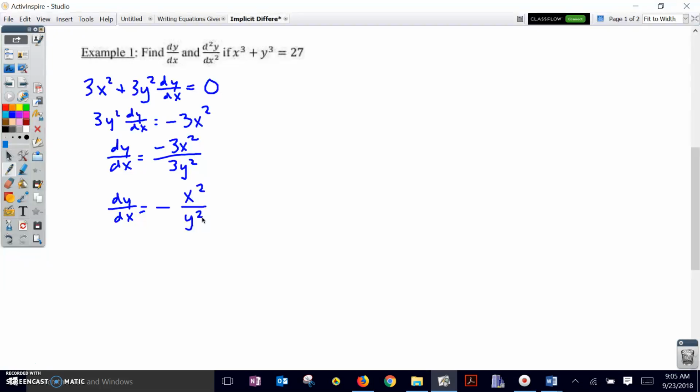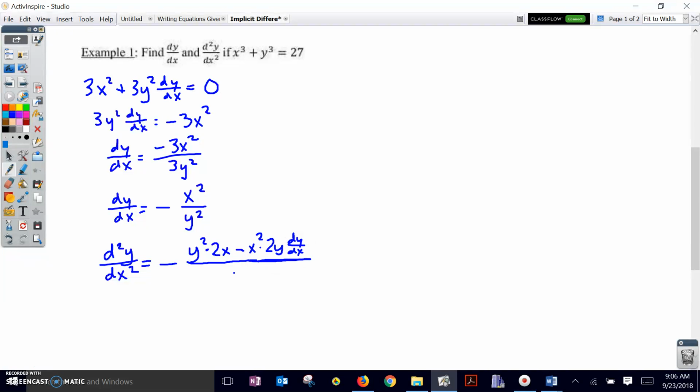So now we're going to take our second derivative. The derivative of dy/dx with respect to x is d squared y/dx squared. That's going to be equal to the opposite of, and now in order to find the derivative of x squared over y squared, I'm going to apply the quotient rule. So we've got low times the derivative of high minus high times the derivative of low. And the derivative of y squared is going to be 2y dy/dx.